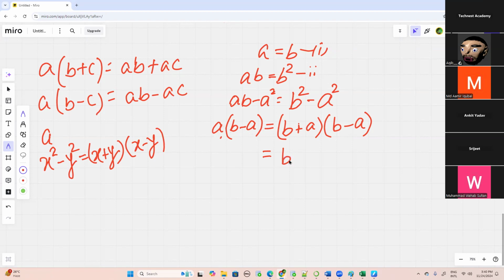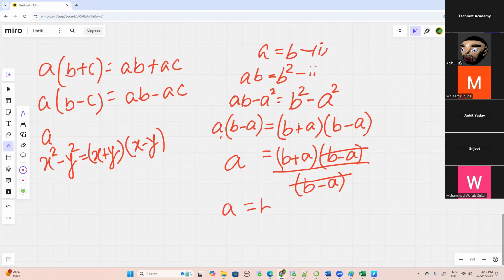So it will become B plus A divided by B minus A. Can we write like this? Yes. Then can we cancel B minus A with B minus A? Yes. Okay. So then A will be equal to B plus A, right?